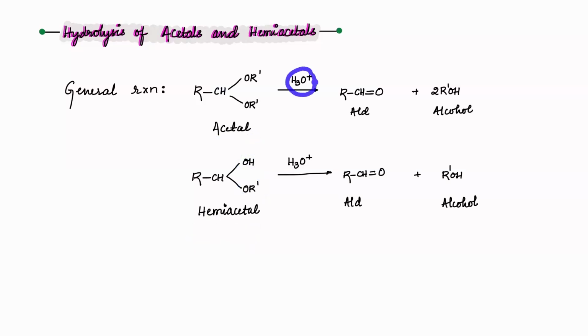Either of the cases, if at all you do hydrolysis, they will end up getting into alcohols, and this part will convert into an aldehyde, and these two parts will convert into an alcoholic form. Same is the case here also. You break it on this side, this will become an alcohol, and this side you will get into an alcohol and water. This will convert into water, which is H2O. Correct?